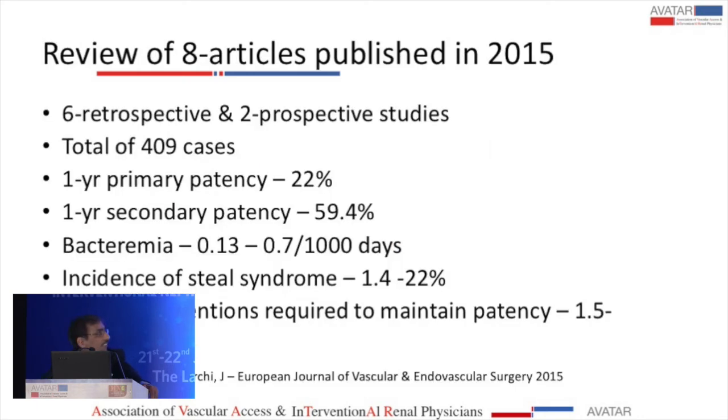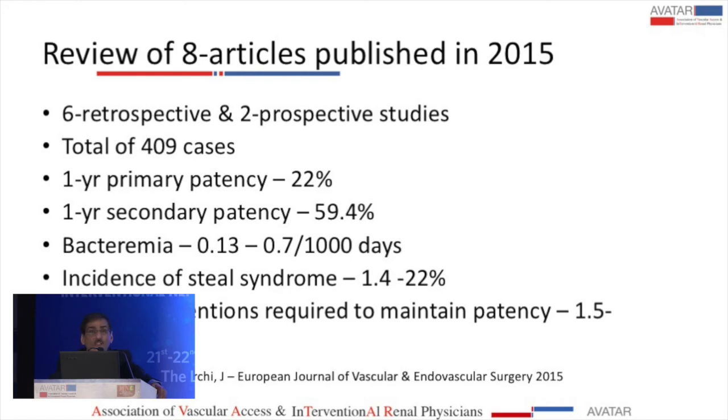And since then, there have been 8 studies published, and there was a review article that looked at all of these 8 studies. 6 were retrospective, 2 were prospective studies, and a total of 409 cases. And as you can see, the primary patency is 22% at 1 year, and 1 year secondary patency is about 60%. Bacteremia rate is low, but the incidence of steal syndrome is fairly high.